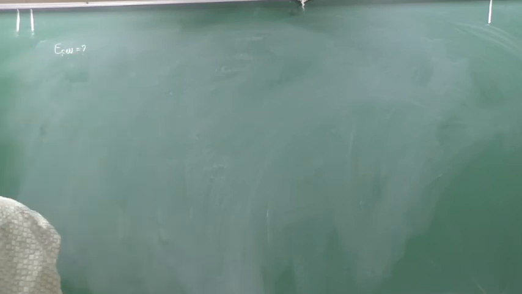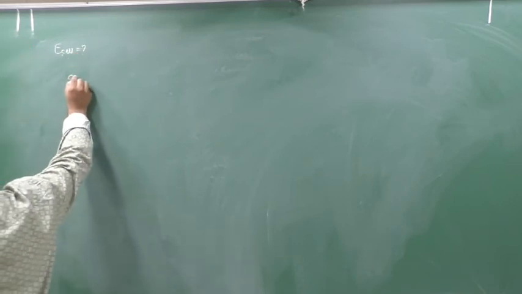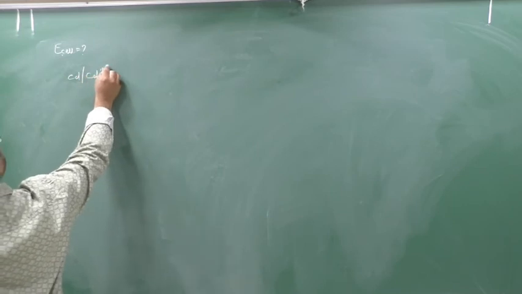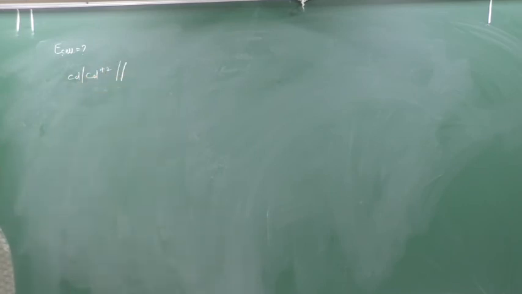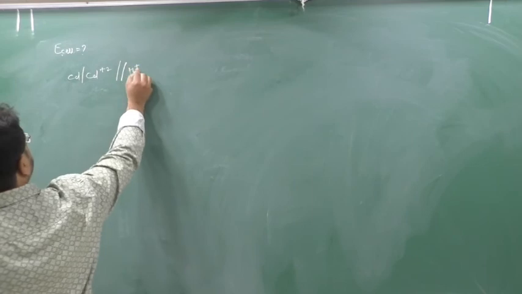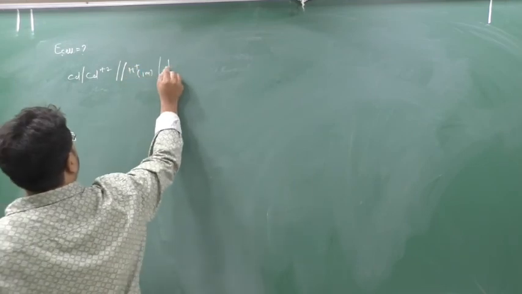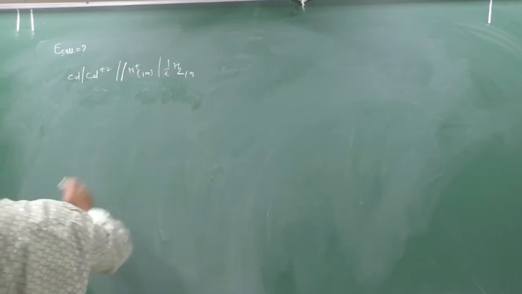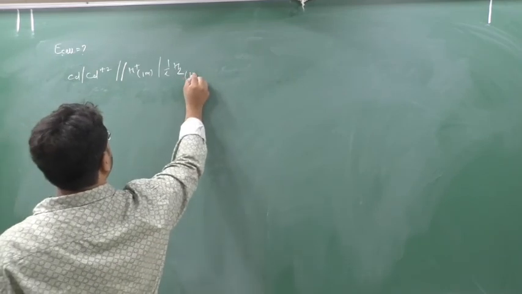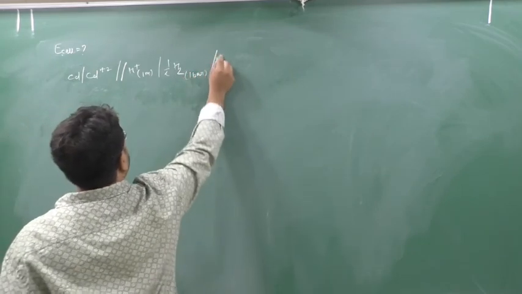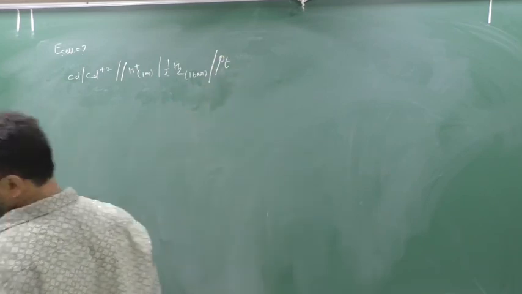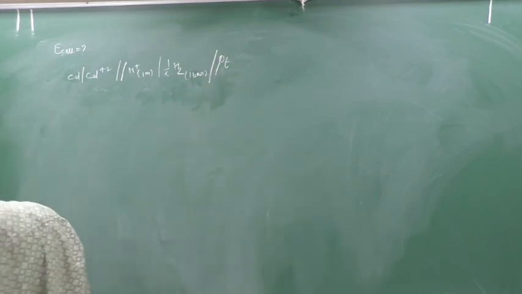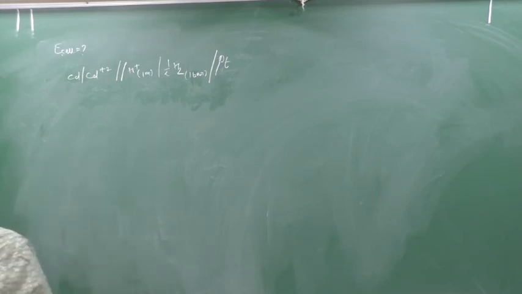Whatever may be the number, you can write down. Cd slash Cd plus 2, salt bridge, H plus, here 1 molarity, half H2. This is gas, and there will be pressure here, that is 1 bar. Again they have given Pt, as I discussed in the last slide. That's it. This is the question.